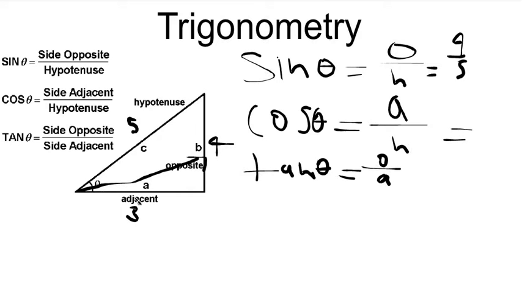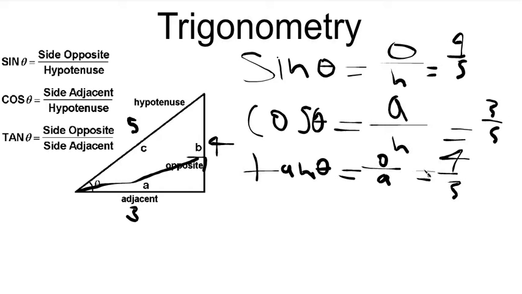Cosine would be adjacent 3 divided by 5. Tangent would be 3 divided by 4, or 4 divided by 3, sorry. Could get mixed up there. See, for one, this one is larger than the others. Those ones are all below 1.